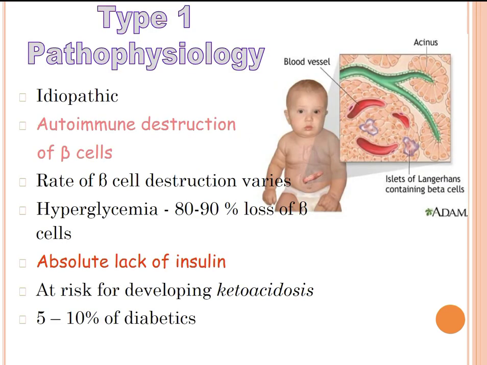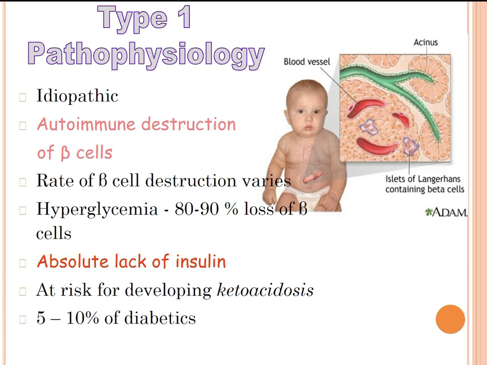Type 1 diabetes used to be known as juvenile diabetes or insulin-dependent diabetes. But as you'll see, we have more and more cases of type 2 diabetes appearing in children, and also many type 2 diabetics use insulin. So these names are misleading for type 1 diabetes and are no longer used.